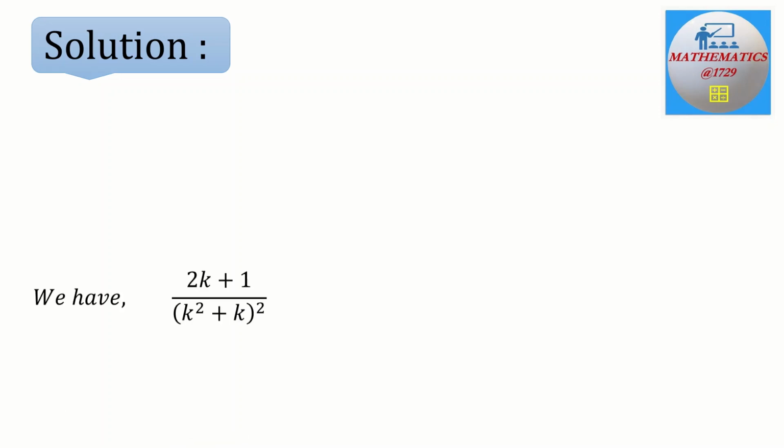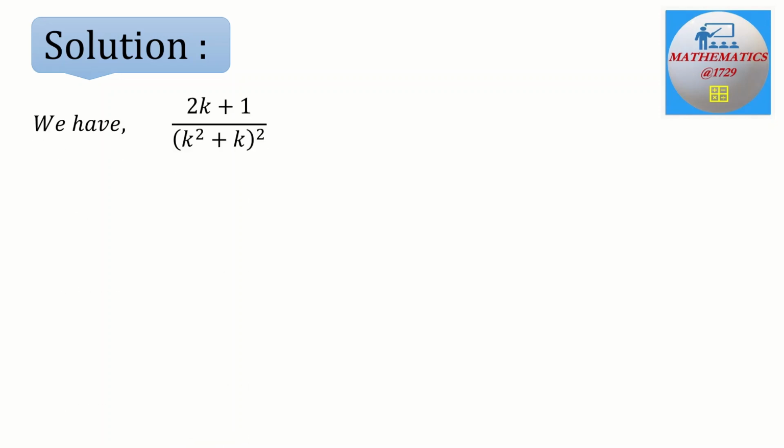First of all, consider the term (2k+1)/(k²+1)² which we can write in the denominator. When we take k common, we get (2k+1)/(k²(k+1)²). Now I want to add one k² term and subtract the same k² term in the numerator.